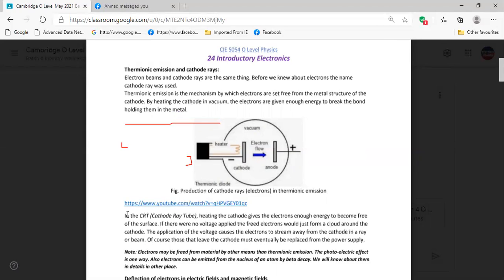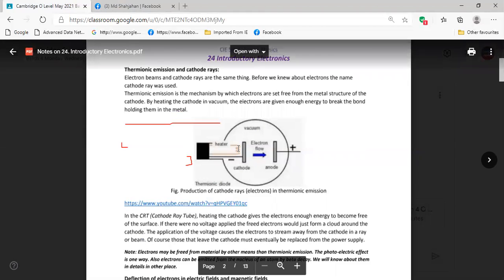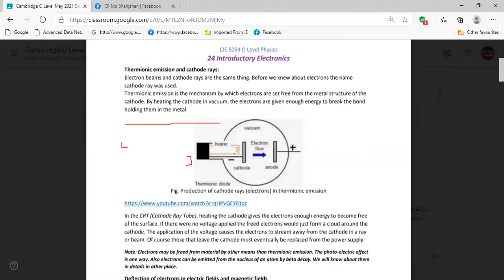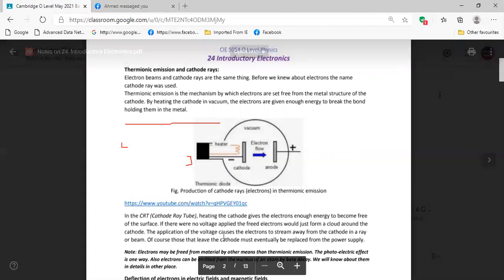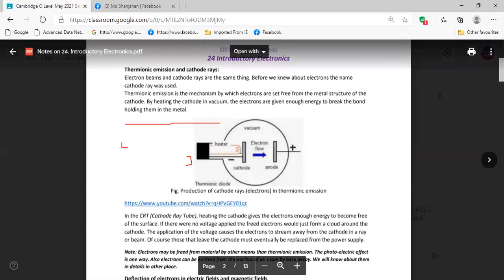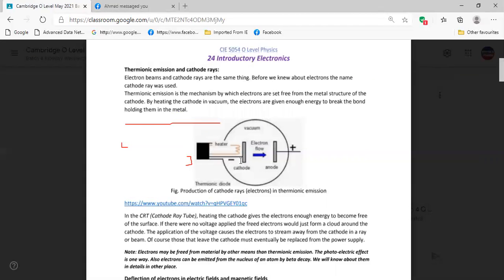So we are having here hot filament, and from this hot filament, metal filament, we are losing the electrons, which are filled up by the cathode. Okay, the power supply. Is it clear to you? Here is the supply. Cathode means negative, right?